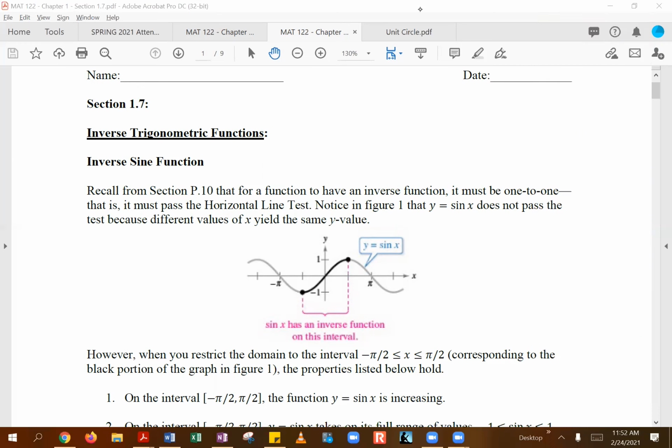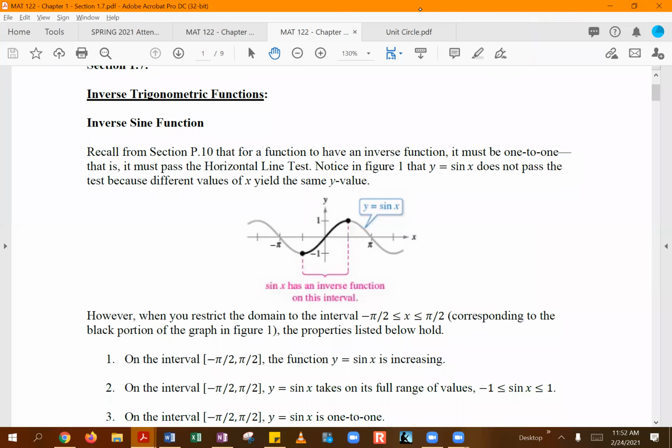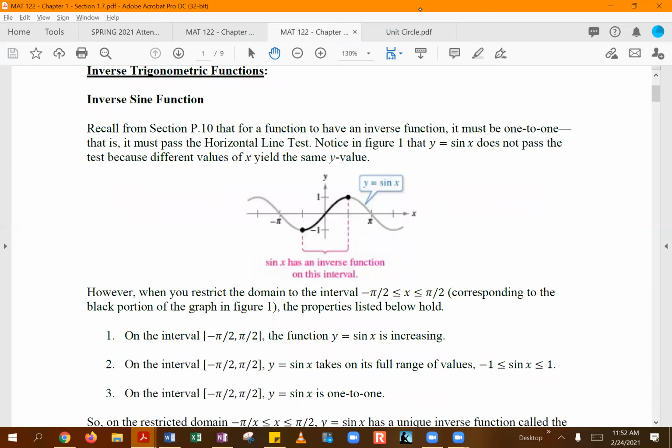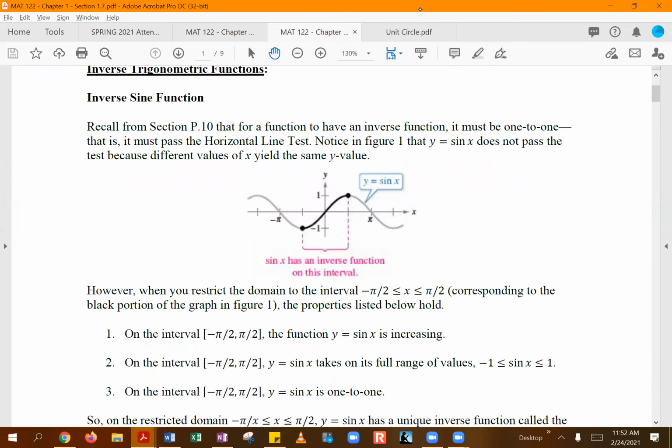So when we're talking about the sine inverse function for the sine function, basically, they're talking about the one-to-one correspondence, which is very important when you're trying to find inverse functions. So you will see that same concept being used over here.